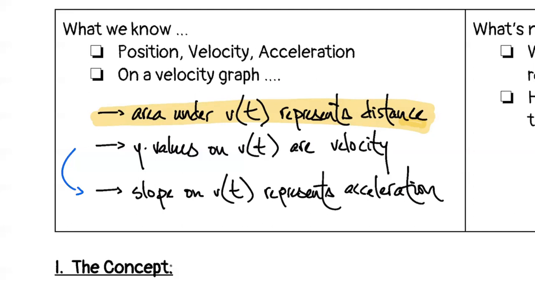Yeah, we might take that derivative, right? So v prime of t will give us the acceleration. But how about if we go from the velocity and we want to get back to the distance? What notation should we use for that?